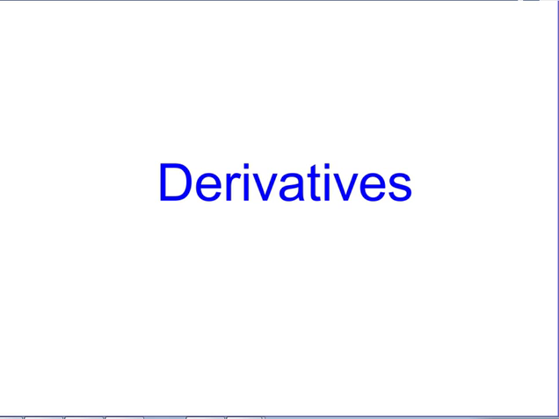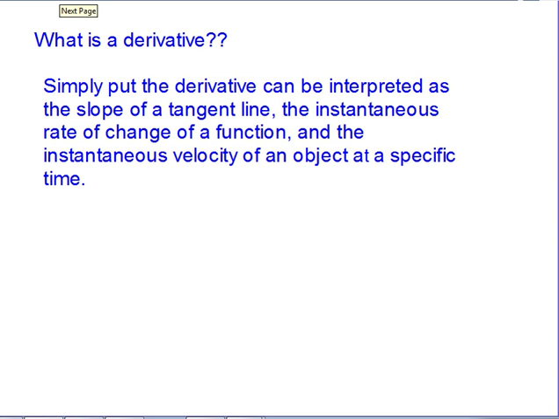But first, let's talk about a derivative. This is kind of like a definition. I do want you to write this down, okay? It says, what is a derivative? Simply put, the derivative can be interpreted as a bunch of things, okay? The slope of a tangent line, the instantaneous rate of change of a function, and an instantaneous velocity of an object at a specific time, okay?